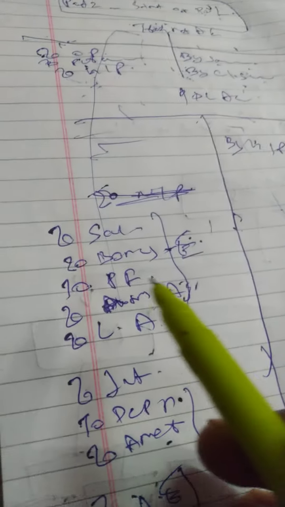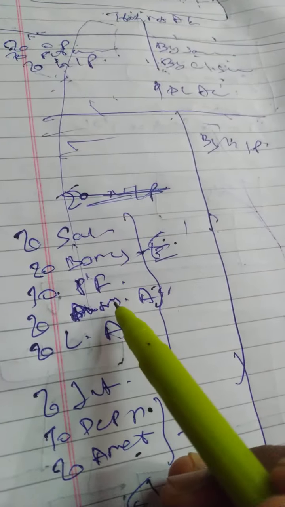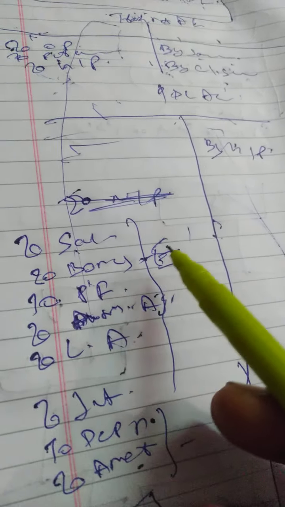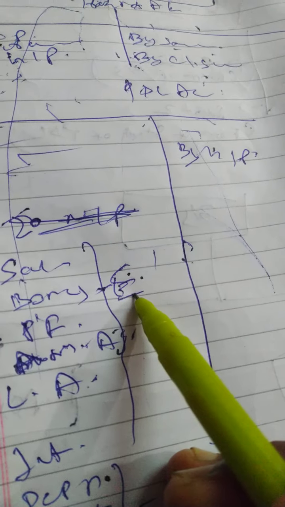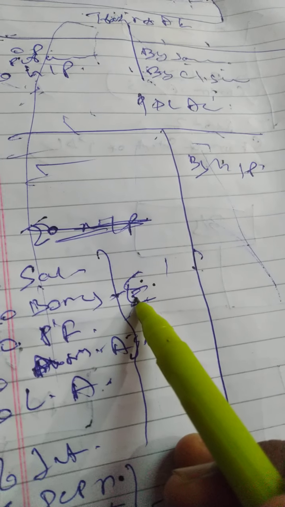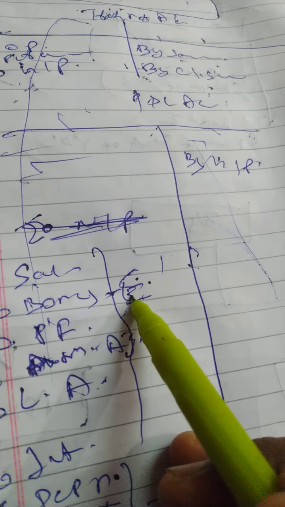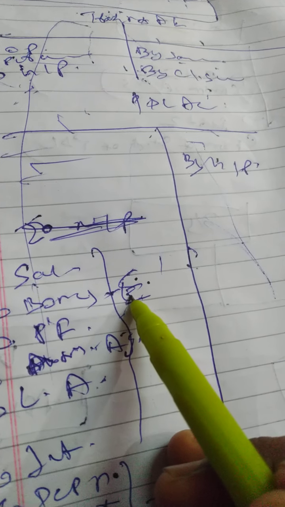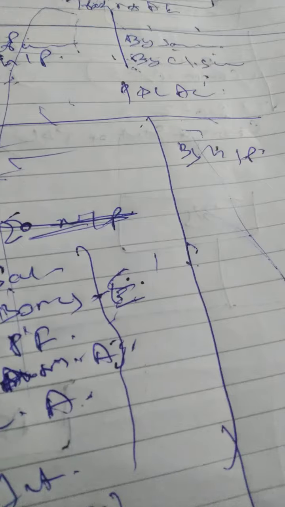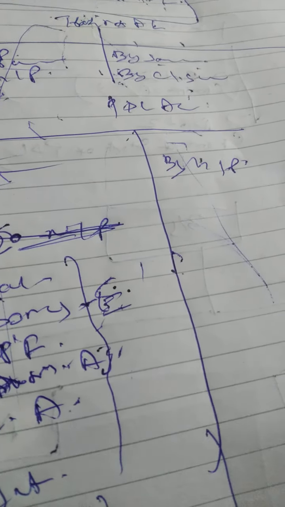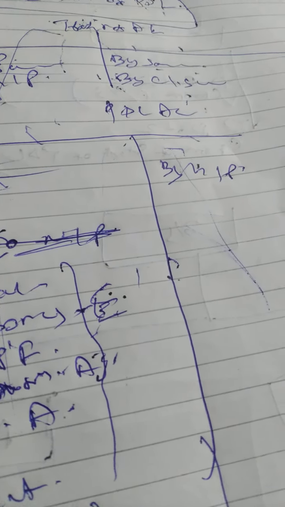For example, salary, bonus, PF, leave allowance, medical allowance, all these things are related to what? Employees only, right? Then they will call this item employee benefit expenses. Like this, there are many changes in the new format, that is the Schedule 3 format. We are going to write that format now.